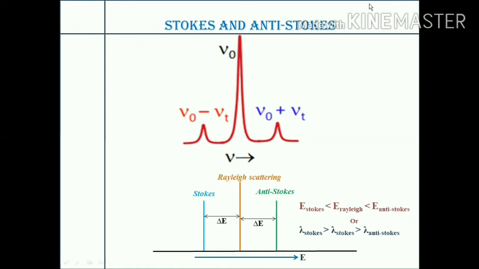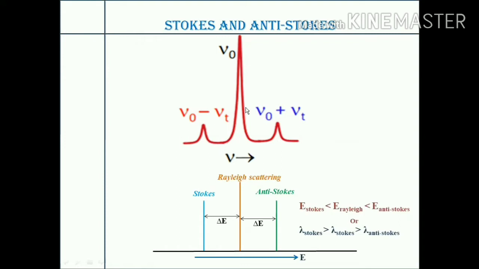Or we also represent it by E is equal to h nu, that is, energy is directly proportional to the frequency of radiation. And in this particular spectrum, you see the least frequency is attained by the Stokes line, so definitely it is going to have the least amount of energy.